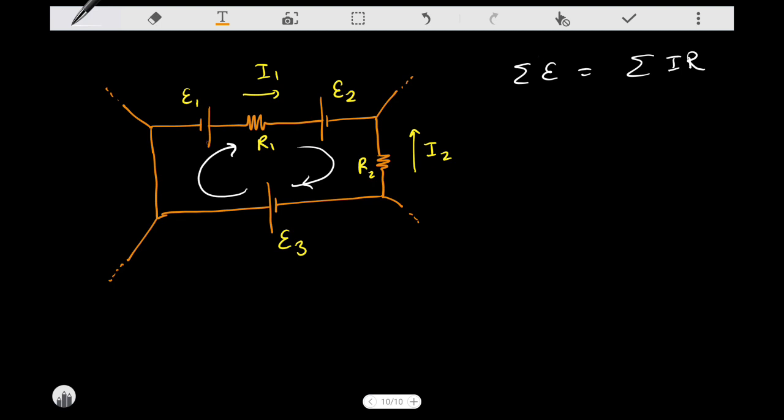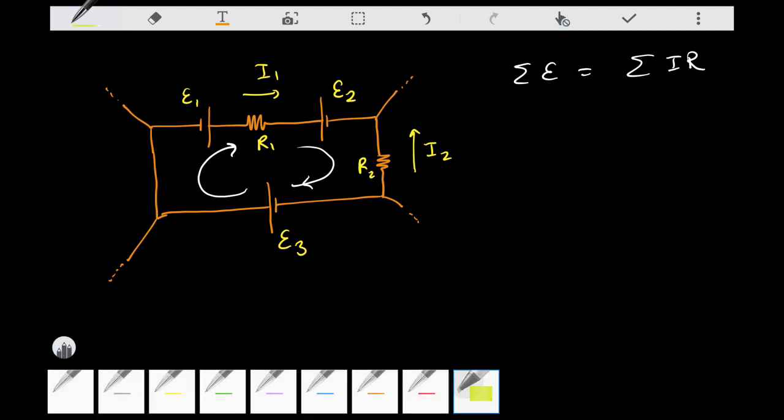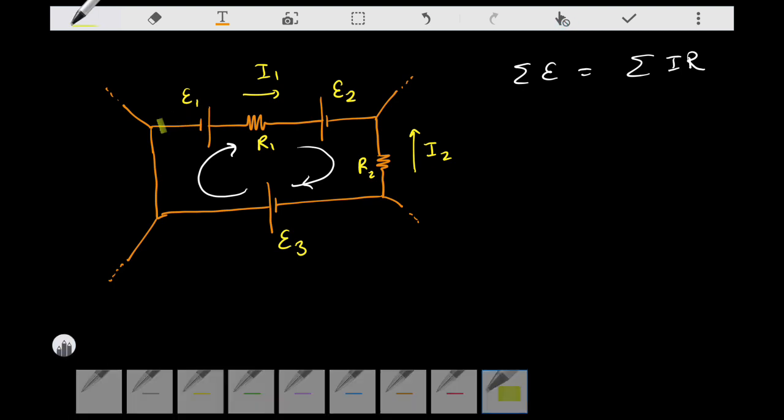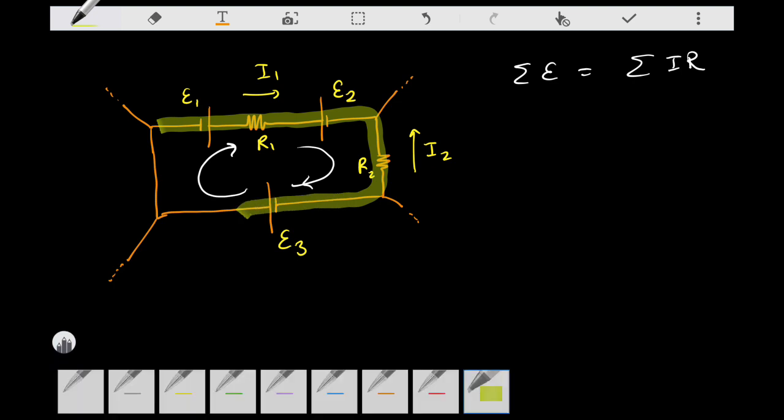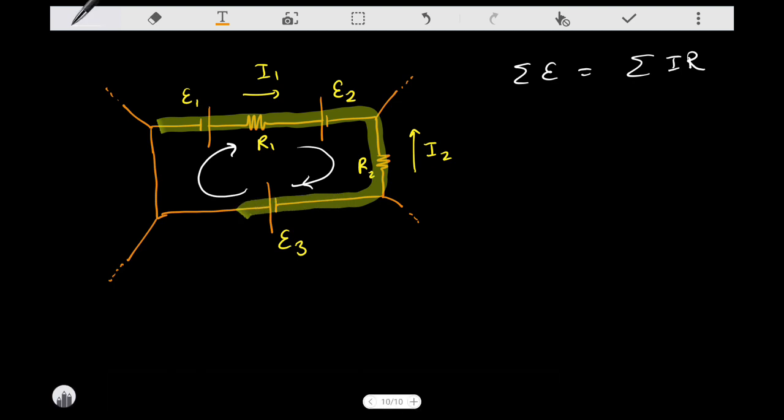So sum of the EMFs, when I am going along this direction, let me also show the direction with a highlighter. E1 is positive. I'm passing opposite to E2. And then I'm passing parallel to E3 away. So therefore, the sum of the EMFs would be E1 minus E2 plus E3.